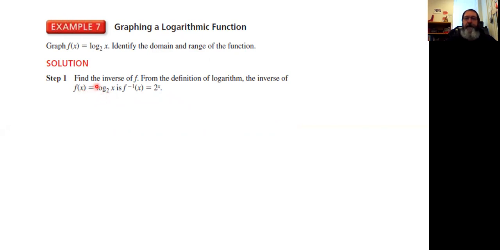Our original function is log base 2 of x. So for its inverse, we rewrite it as y equals, switch the x and the y and solve for y. The inverse is 2 to the power of x. So there is my inverse for that function.